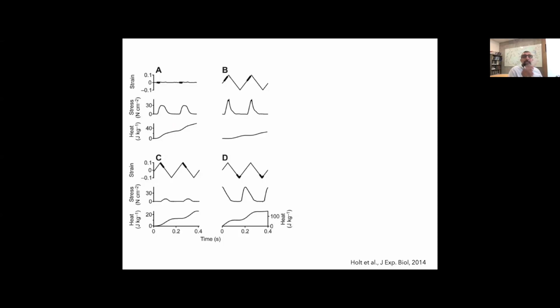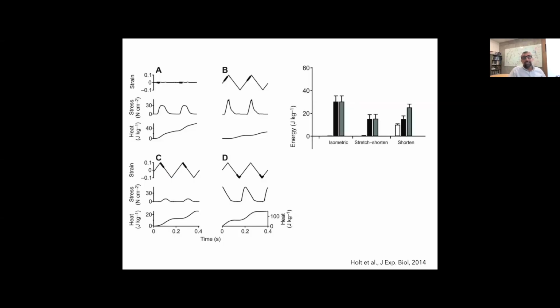And so she was really measuring the cost of a muscle contraction when in A, the muscle is isometric, in B, it's undergoing a stretch-shorten cycle, in C, it's just shortening, and in D, it's being lengthened. So she varied that strain pattern in order to determine, well, does it actually cost more when a muscle produces mechanical work versus an isometric contraction? What she found was that no, in fact, it doesn't.